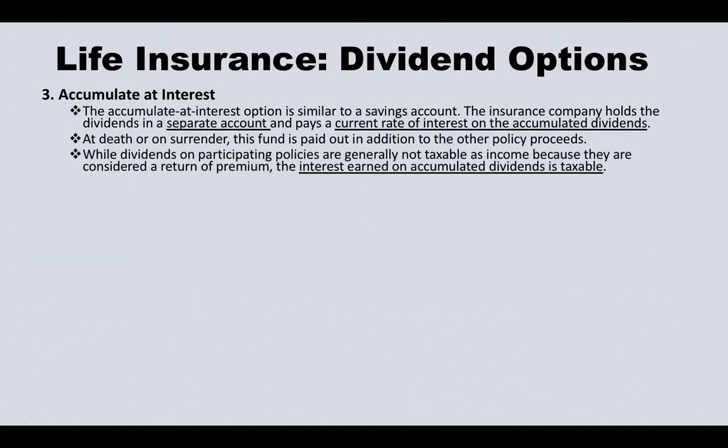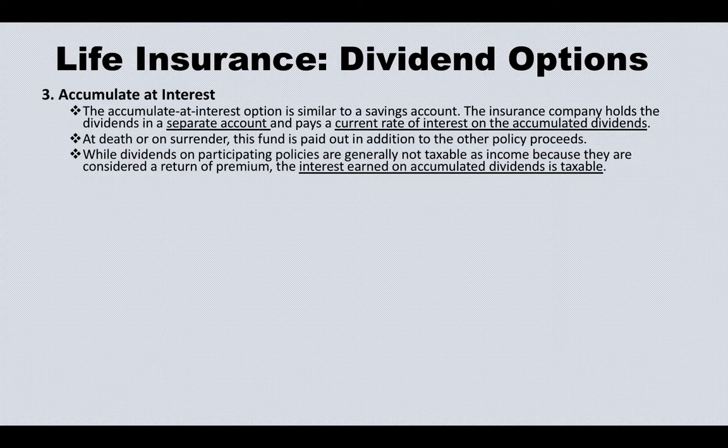The third dividend option is accumulated interest. Basically, it's kind of like a savings account. The insurance company holds the dividend in a separate account and pays a current rate of interest on the accumulated dividends. At death or on surrender, this fund is paid out in addition to the other policy proceeds.